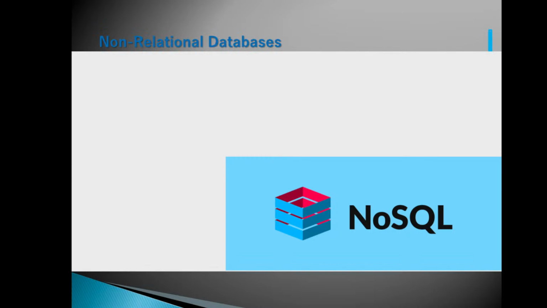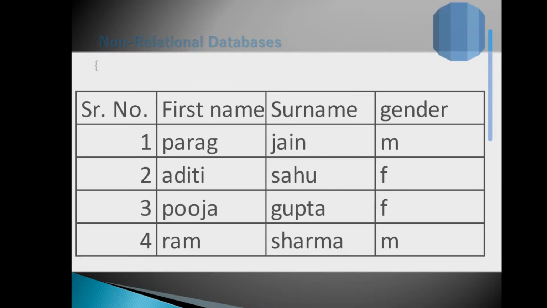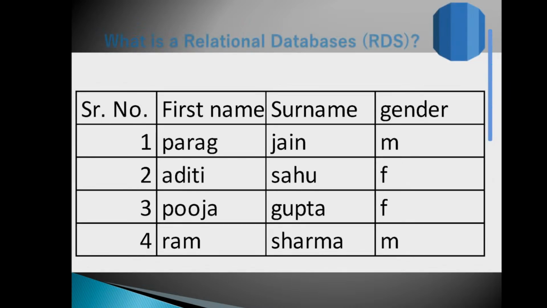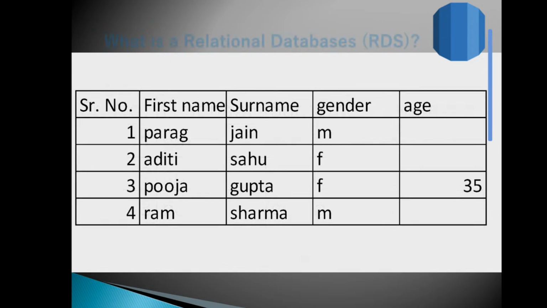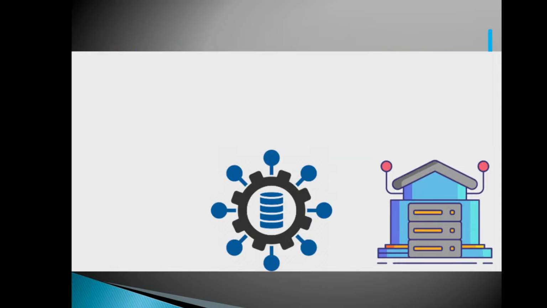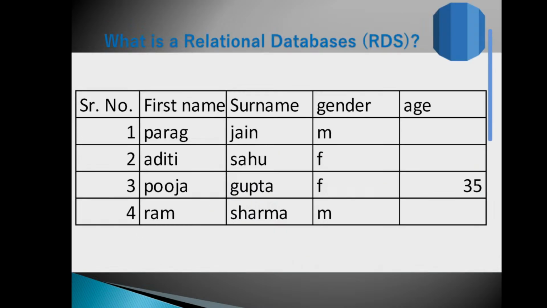But in relational databases, there is one problem. In structured data, there is one problem. What is that problem? Let's say this is your table. Now you add a new column. When you add a new column, you update the table. Extra space is taken where the value is not available.